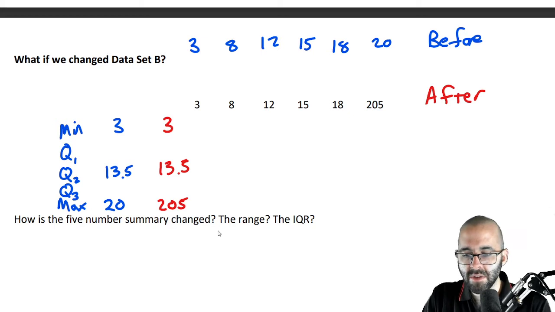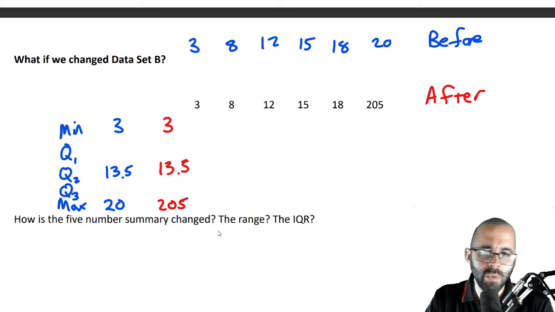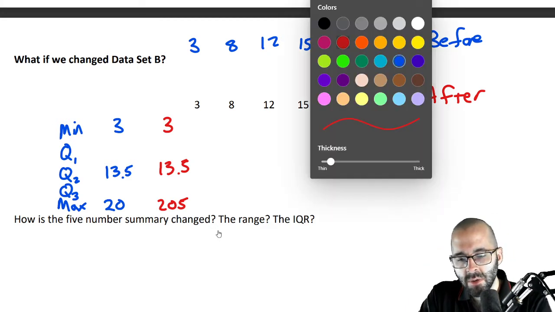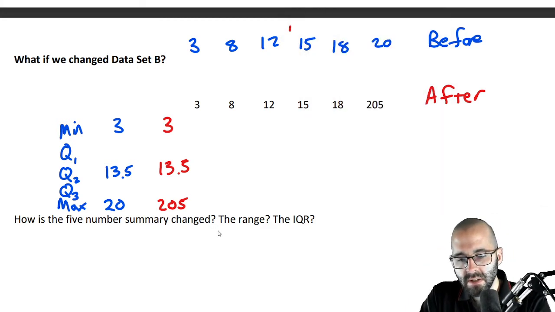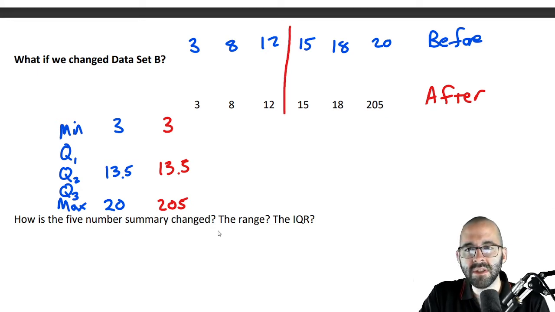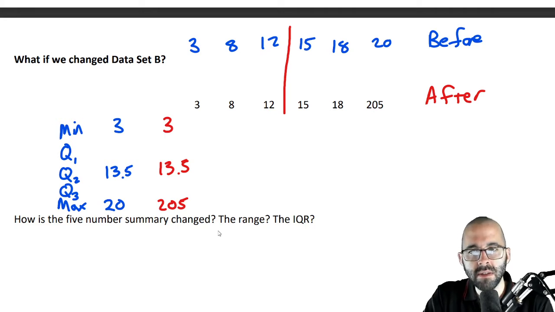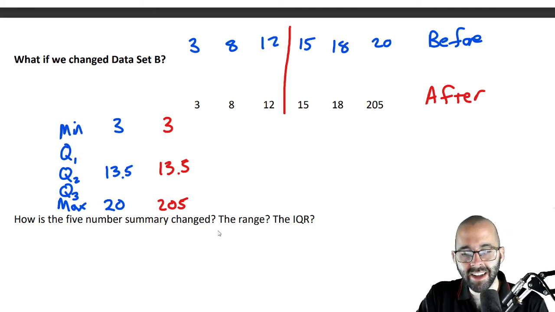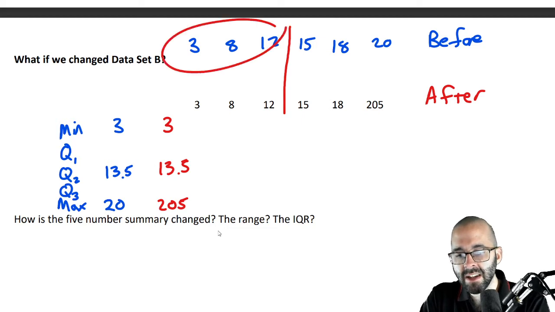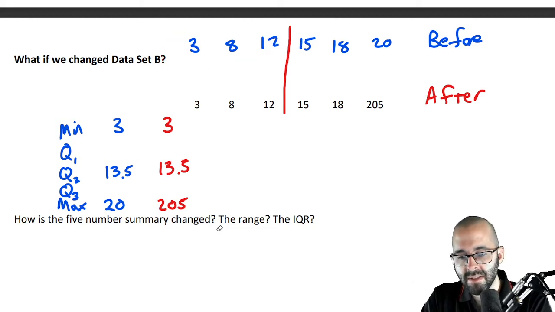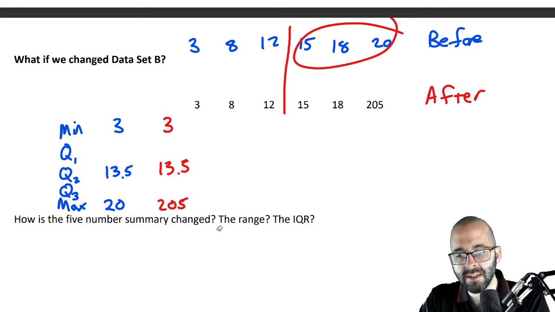So let's talk about finding the quartiles now. We won't be doing a lot of quartile finding by hand. We'll be using GeoGebra, which is at the end of this video. But to find the quartiles, you just divide the data in half. You don't count the median. And then you look at what's in the middle. What's the median of each side? So the median of these three is 8, and the median of these three is 18.